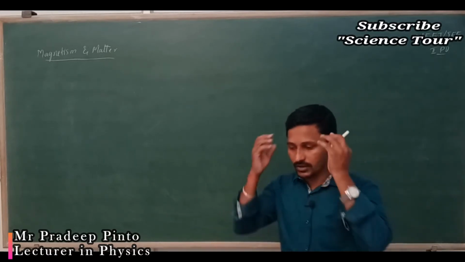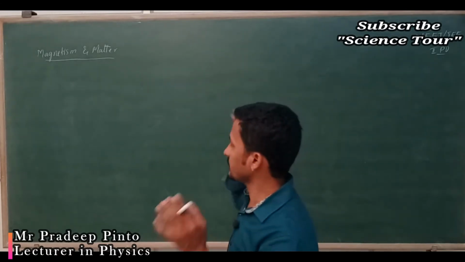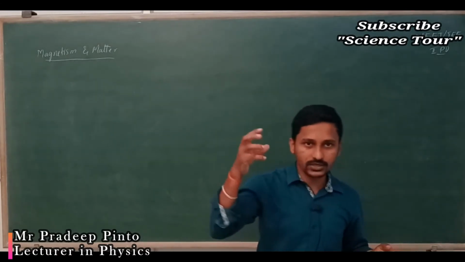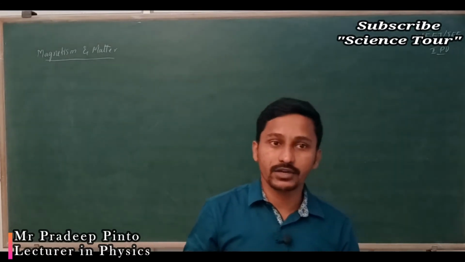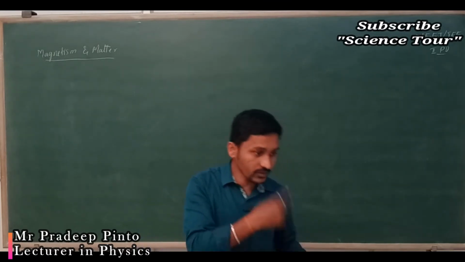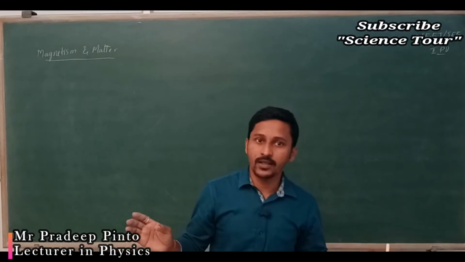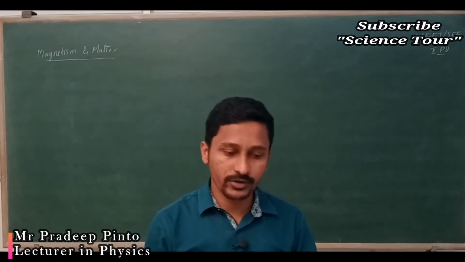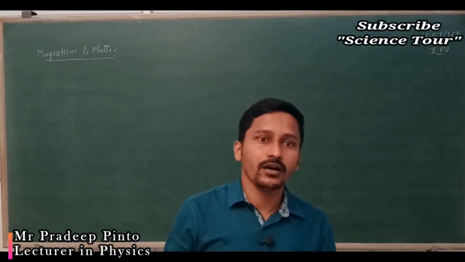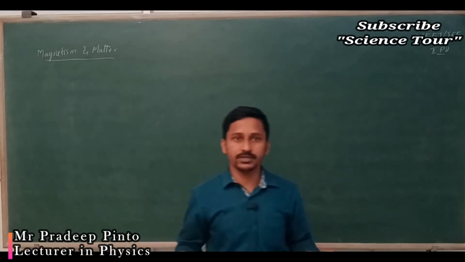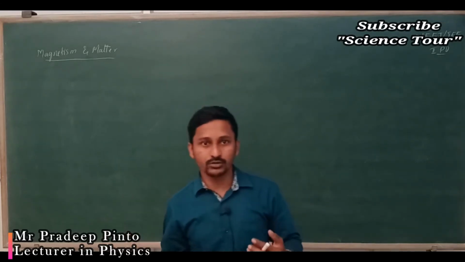While thinking about magnetism and matter, keep in mind that we are talking about a magnet, not a circular loop behaving as a magnet and the physics of that. Here we talk about a bar magnet, its alignment, and the physics behind it, the field lines, all those we have written.